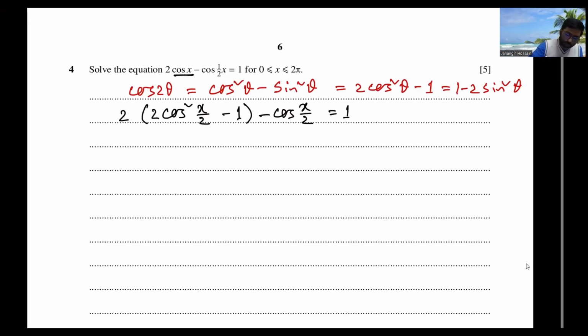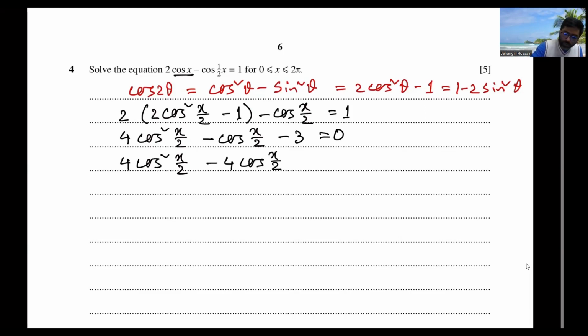So let's take all the terms on the left hand side and simplify. We have 4 cos square x by 2 minus cos x by 2 minus 2 minus 1, that's minus 3. You can do the middle term break here, or you can find the value of cos x by 2 directly using the calculator. I'm doing the middle term break here. I'm not explaining how to do this middle term break, I'm directly solving it.